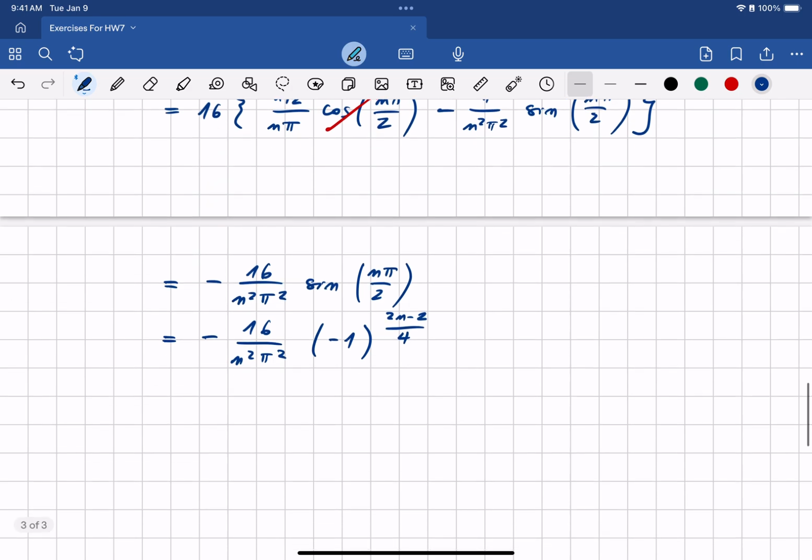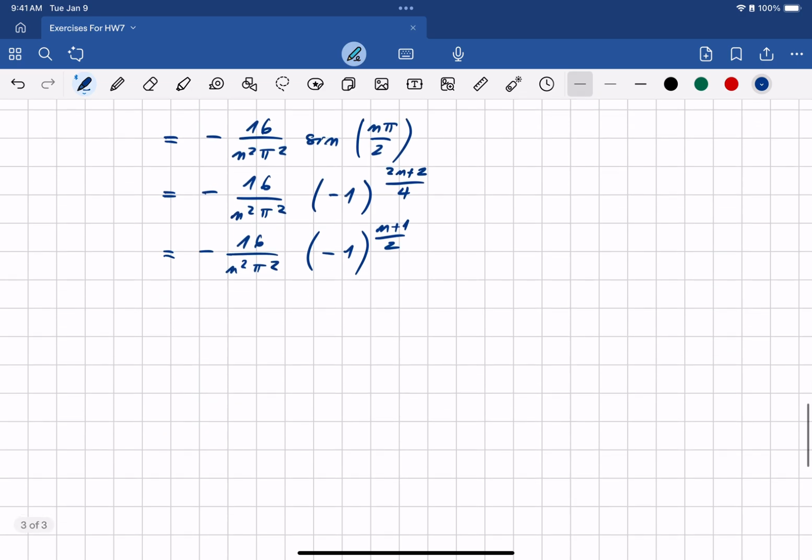You can write it like that, or you can write it like this, which is going to be minus 1 to the power of n minus 1 over 2. This is actually plus 1. And that would be the Bn component.